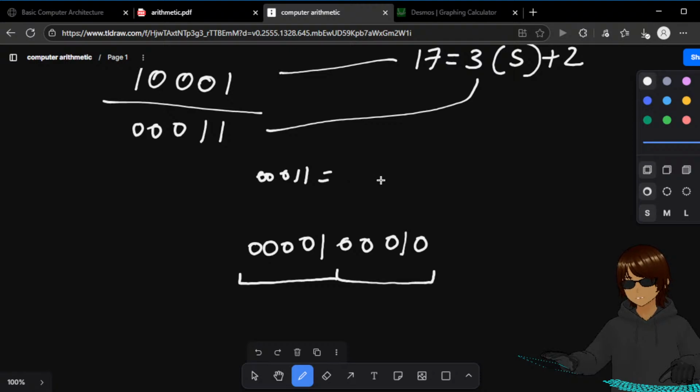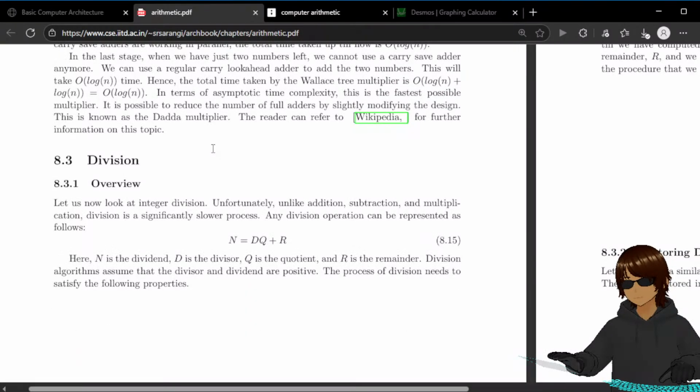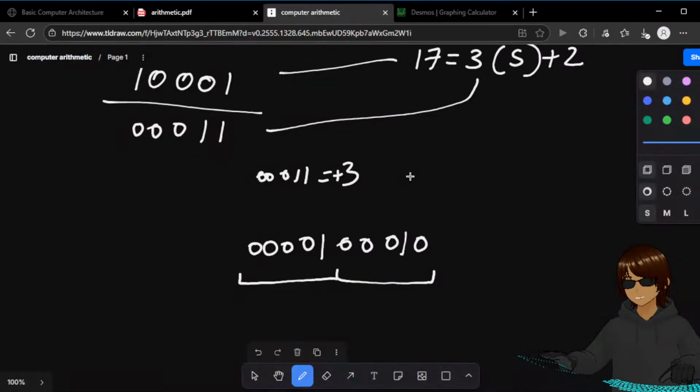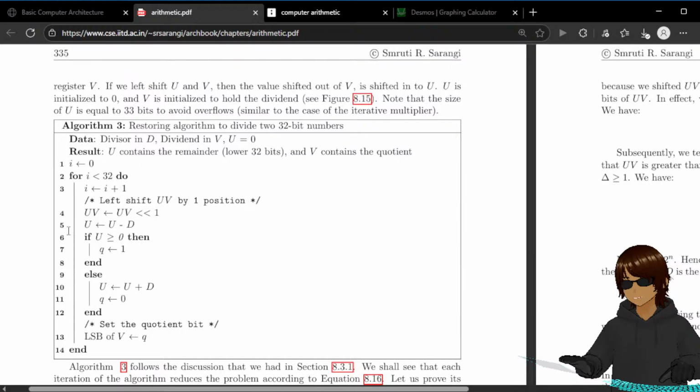This is 3, the divisor. U is equal to U minus D. If U is more than or equal to 0, then Q is equal to 1, else U is U plus D and Q is 0. Set the quotient bit.